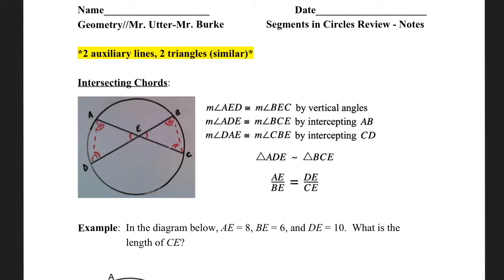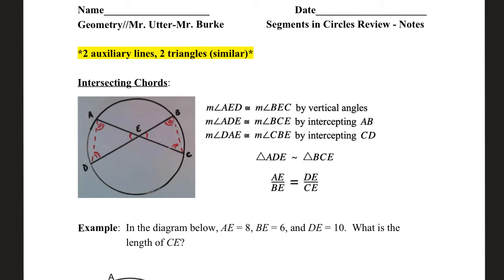And as you see over here, angle E is where our vertical angles happen on both sides. And then DAC is congruent to CBD because they both intercept this arc DC right here. And vice versa, BCA is congruent to ADB because they both intercept that arc right there.